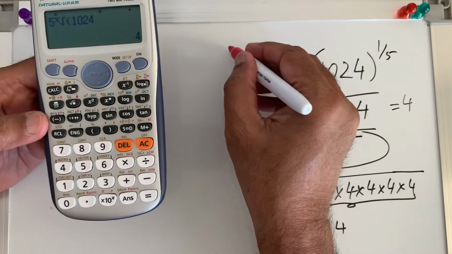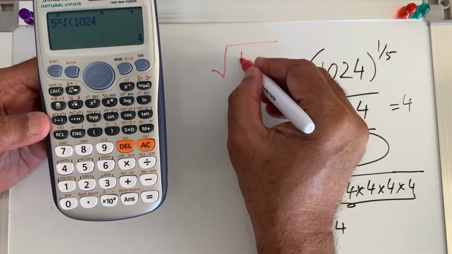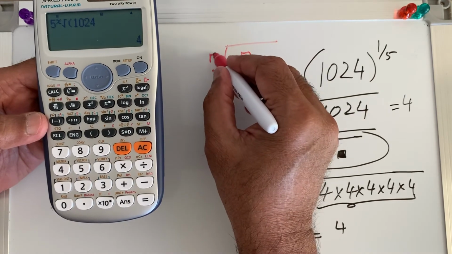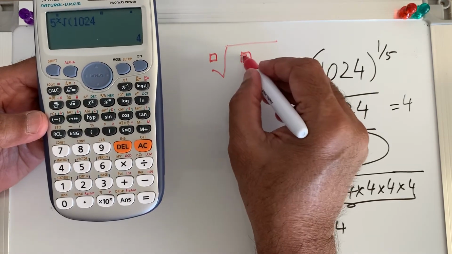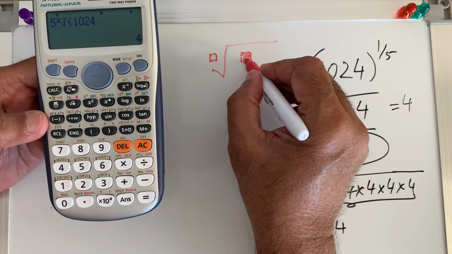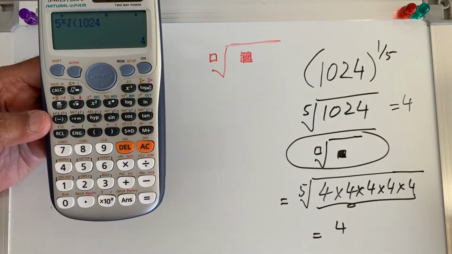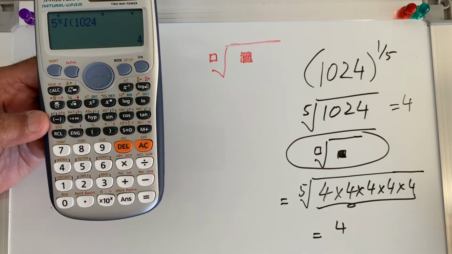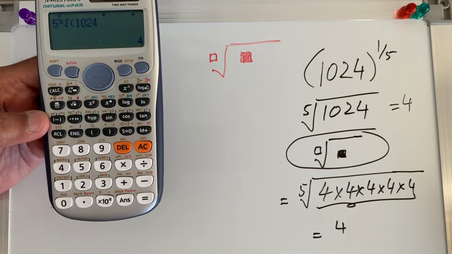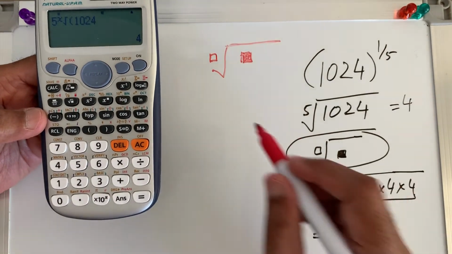On the calculator, this sign is for any root after the cube root: fourth root, fifth root, sixth root, seventh root, whatever.